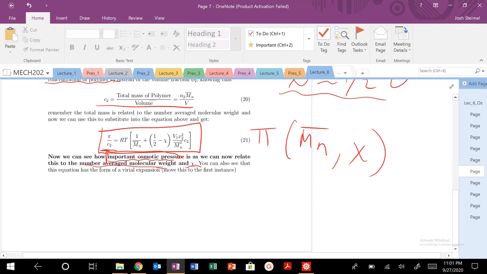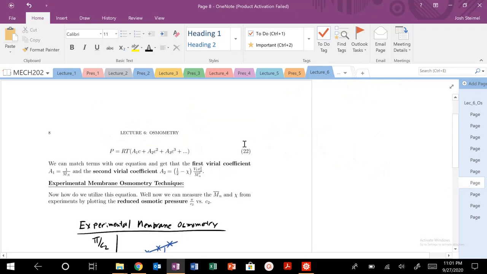We can also see that this has the form of a virial expansion, so let's look at this equation right here. A virial expansion is pressure as a function of several variables, specifically here, a function of concentration, C. We can match our terms with the virial expansion.